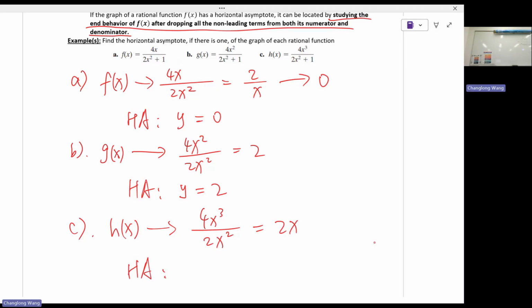When x is getting super large, positive infinity, or let's say x is super negative, negative infinity, are we expecting the function approaching a constant like 0, 2, or some other constant?